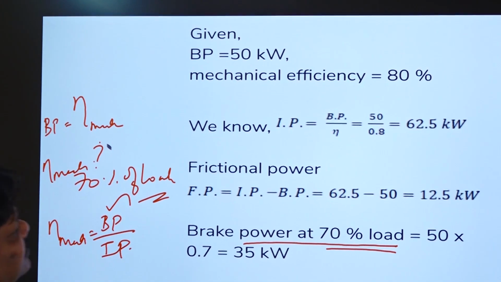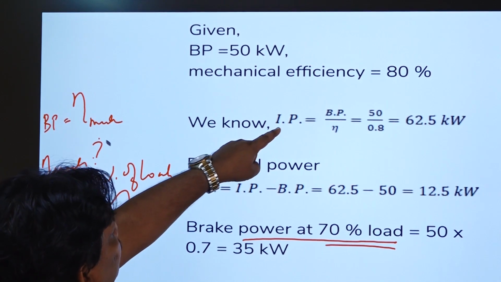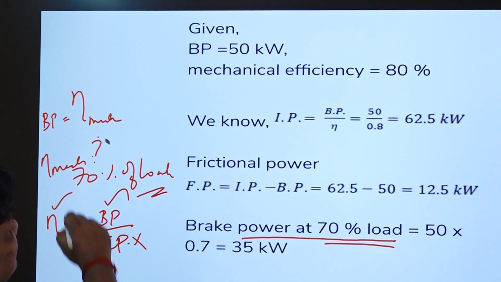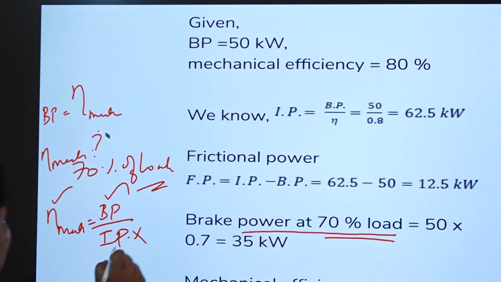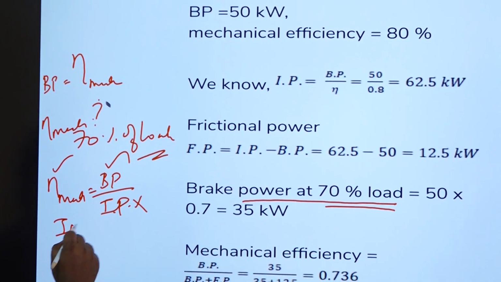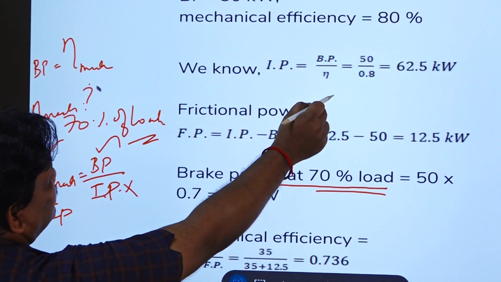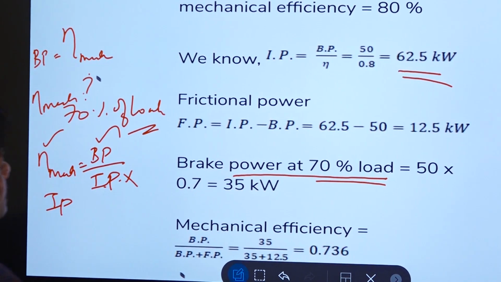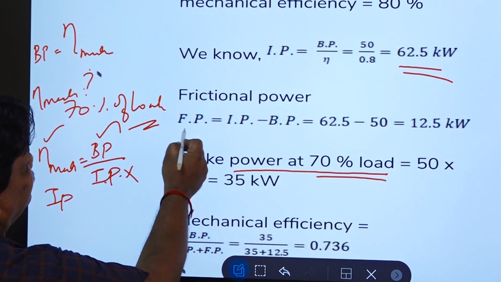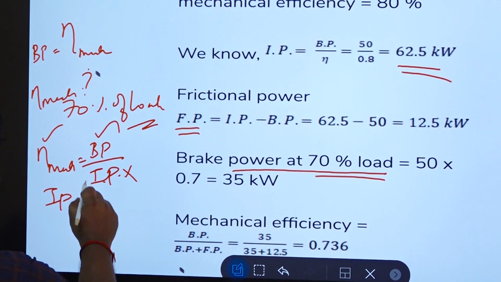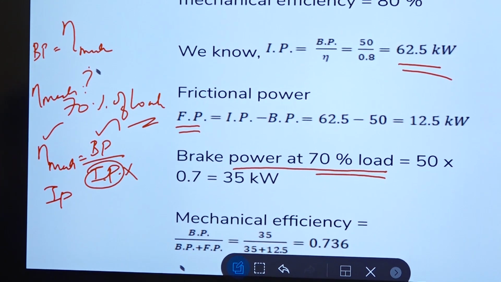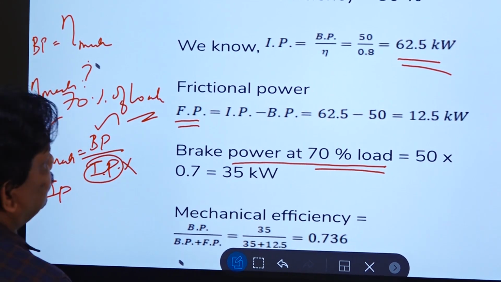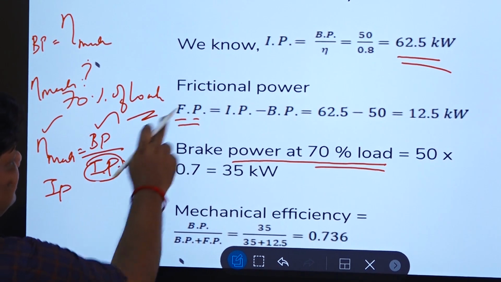The indicated power is not known to you, and the mechanical efficiency is given to you. So you can easily find the value of indicated power as brake power by efficiency. Then you can go for the frictional power, because indicated power is nothing but the sum of brake power and the friction power. So you can find the frictional power also.